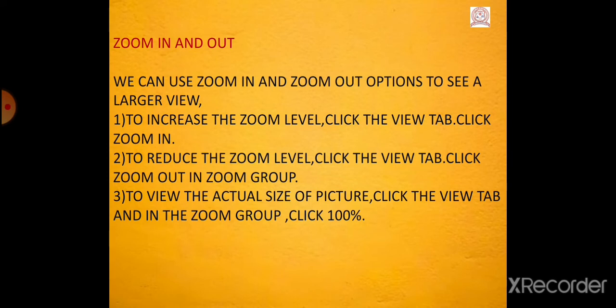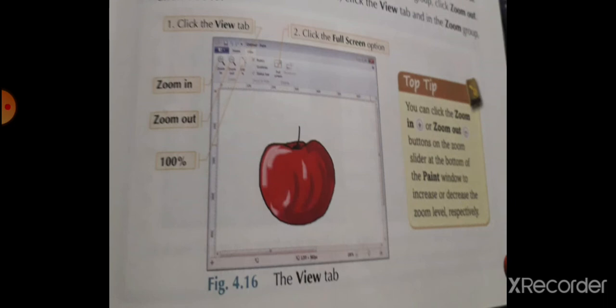To view the actual size of the picture, click the View tab and in the Zoom group, click 100%. See, like this. This is the View tab opened. In this, zoom in, zoom out, full screen, all options are given.